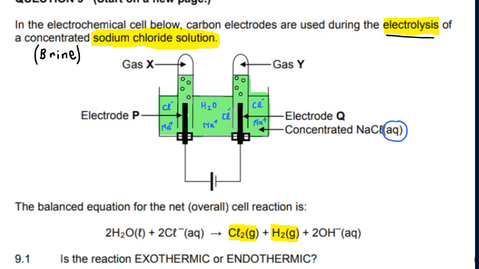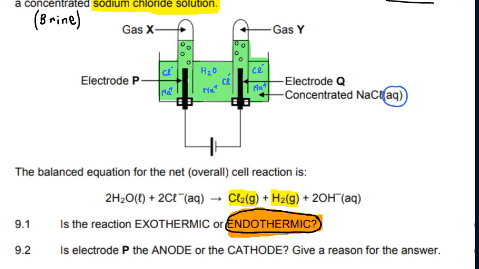Remember that electrolysis is the electrochemical process that is used to drive non-spontaneous reactions. So you obviously need to put in energy for those reactions to occur. If you are putting energy into a reaction, it means that reaction is endothermic.